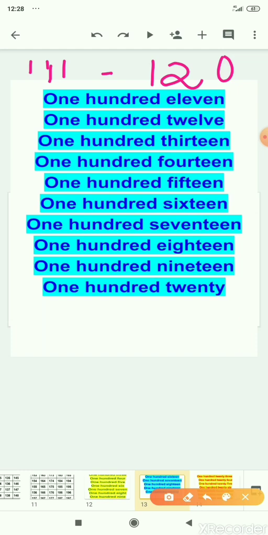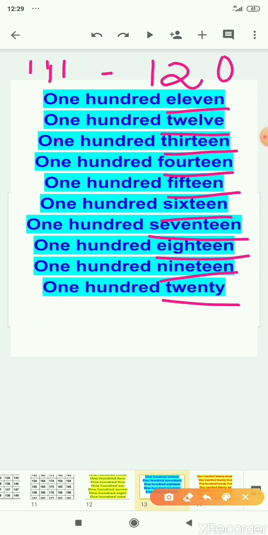Only the last spelling we have to change according to the number. This spelling we also did when we were doing spelling from 1 to 100. All these spellings have come over there.